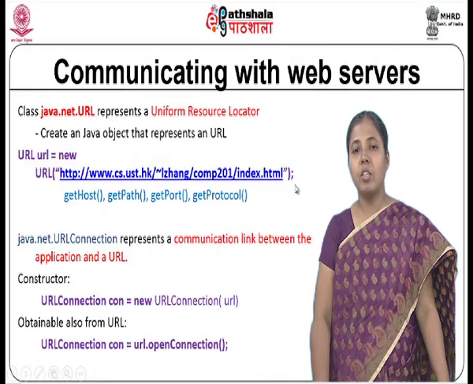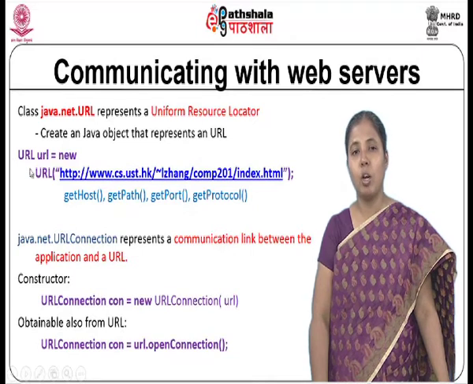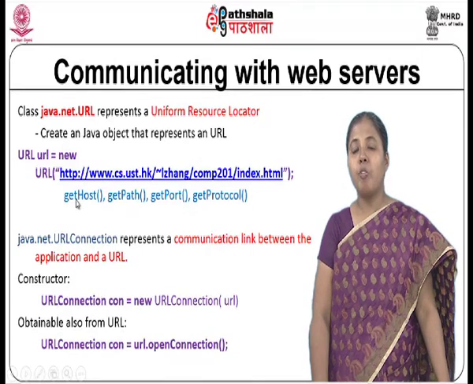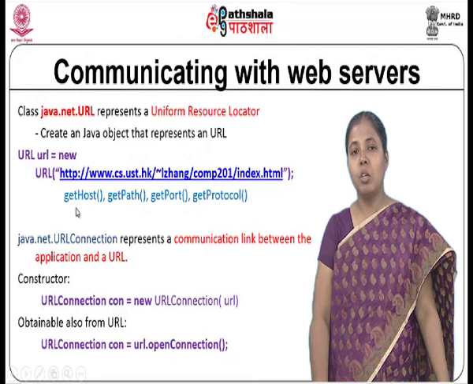You specify the specification of the URL, and you get a URL object. Some of the methods you will use with URL objects are getHost, getProtocol, getPath, getPort, and getRef.